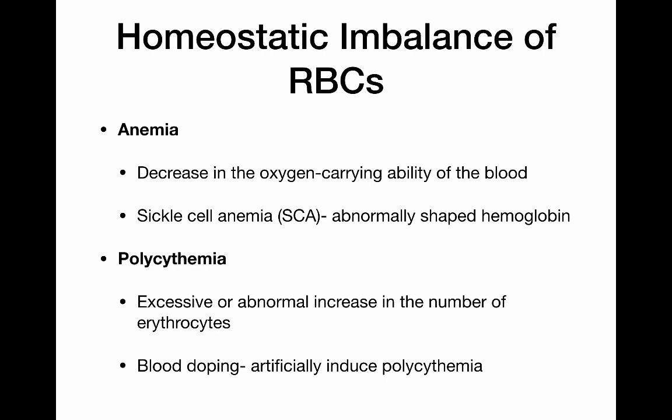You can have the flip side of anemia, which is called polycythemia, which is an excess amount of red blood cells. And you can have a genetic version of that where you always have too many red blood cells, or you can have some condition that makes you all of a sudden increase your number of red blood cells.